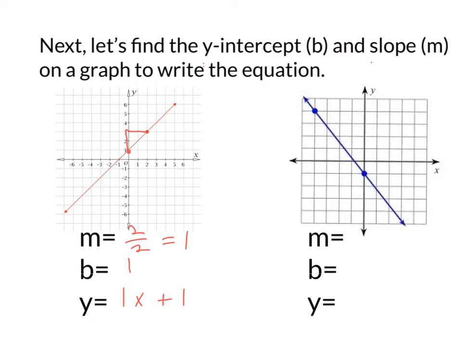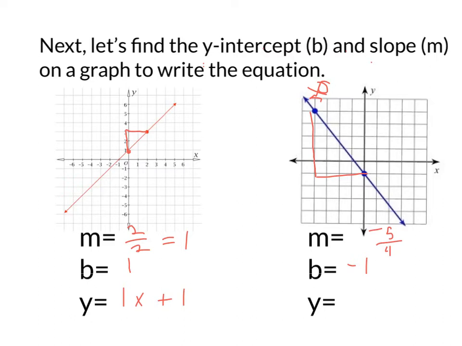Now let's try the next one. I can tell right now that this is going to be a negative slope because if I've got a little guy up here, he is going to be going downhill if he's skiing. So first off, I'm going to find the y-intercept. Looks like it's at negative 1, and then I'm going to count down how many? Looks like 5, and over 4. So I have negative 5 over 4 as my slope.